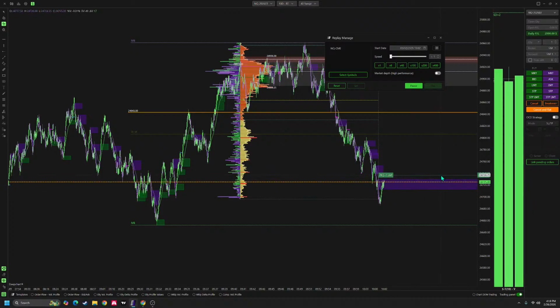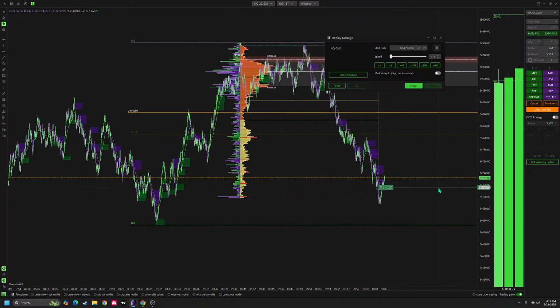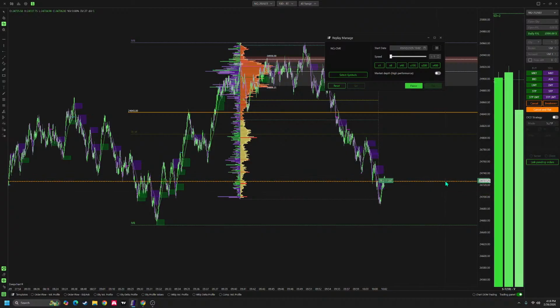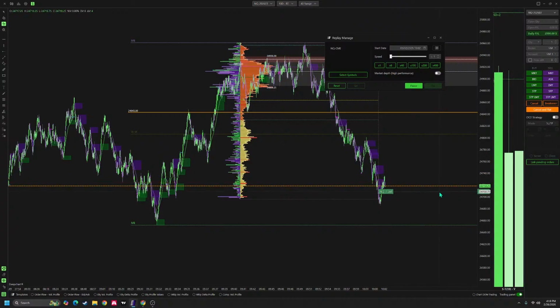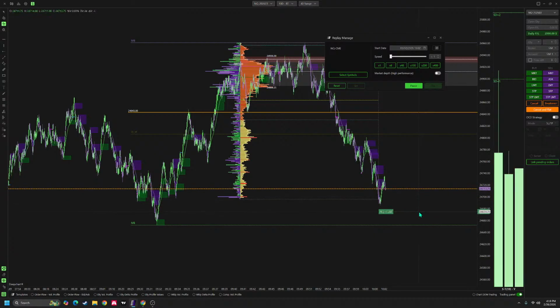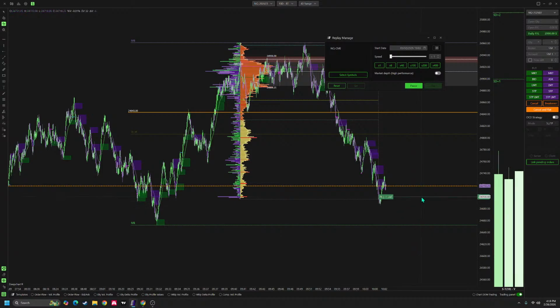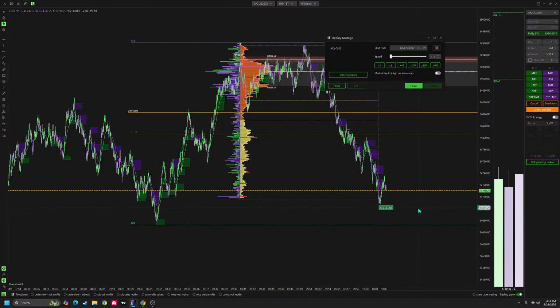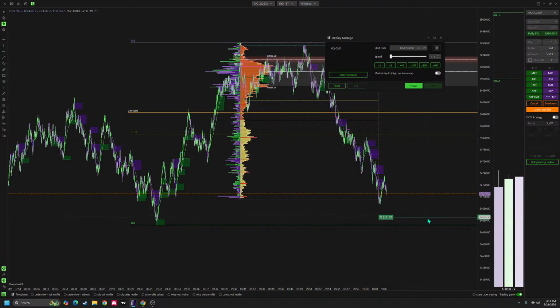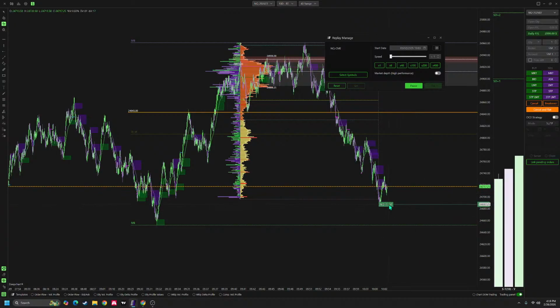Lots of aggressive buyers stepping in. We break through this zone for a little pullback. Hopefully we get a print, a zone print, or we can try another entry. We'll have a tight stop.